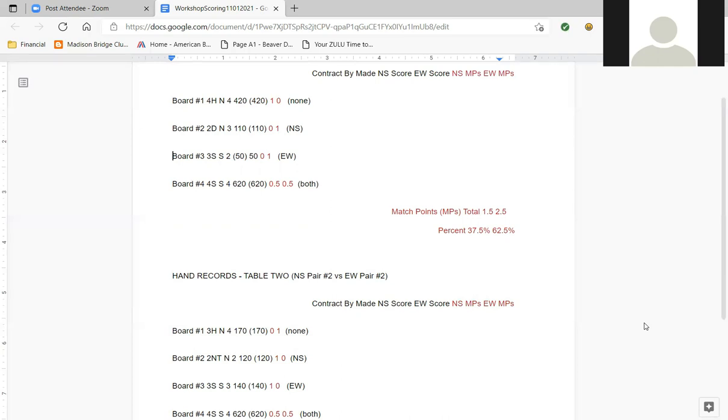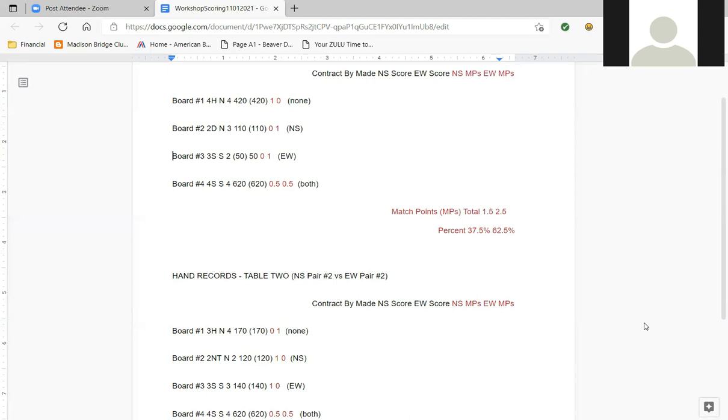They beat East-West at table 1 on that particular board. They didn't have a very good score, minus 170. I mean, actually, they got 0, really. They didn't get any score on that. But their 0 earned them a master point because they lost by less than East-West lost by at table 1. Okay. See how that works?